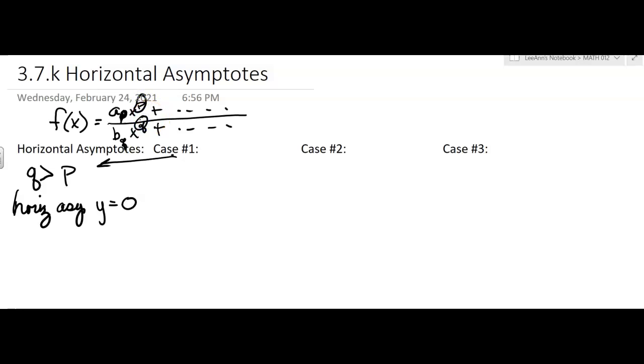Okay, case 2. In case 2, what happens is the degree of the numerator is 1 more than the degree of the denominator. So when that happens, we don't get a horizontal asymptote, we get what's called a slant asymptote.